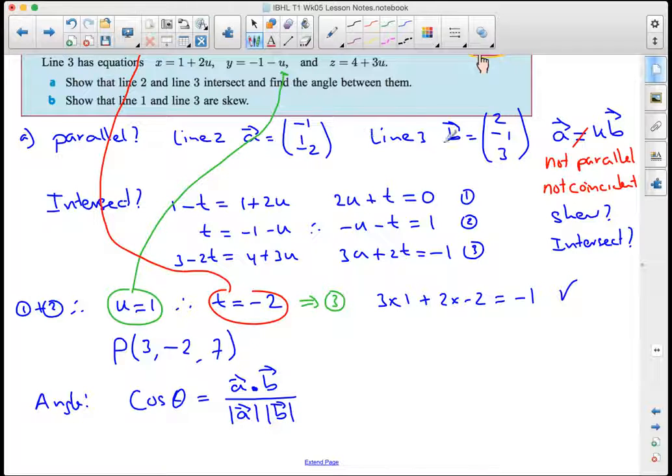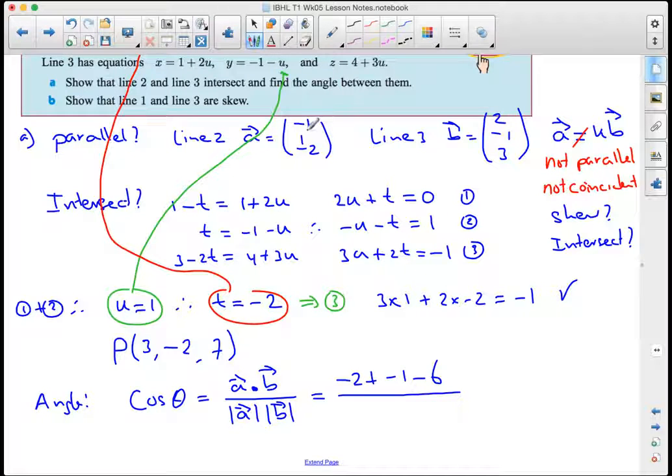Now we know A and B here, (-1, 1, -2) and (2, -1, 3). So the cosine is -1 times 2 is -2, plus 1 take 1 is -1, and then -2 times 3 is -6.